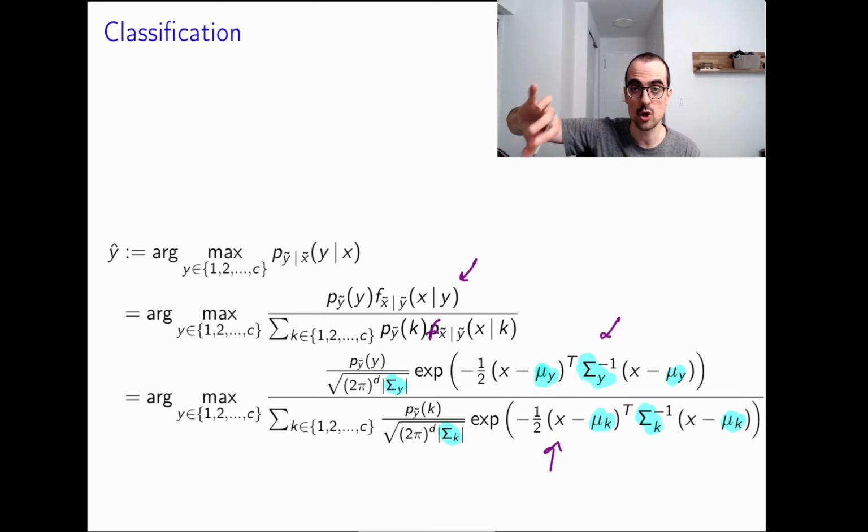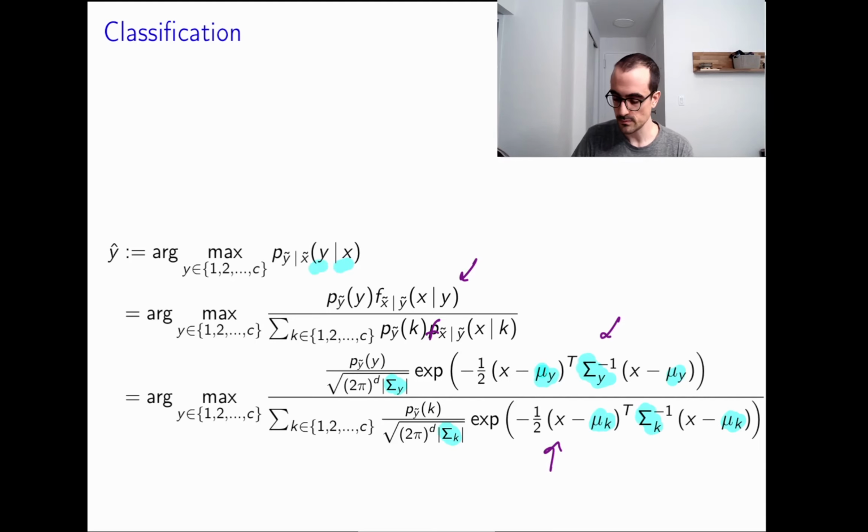So mu 1 and sigma 1 only with the training data corresponding to class 1, mu 2 and sigma 2 using only the training data points labeled class 2, and so on and so forth. Okay. Now we put it all together like this to get the probability of each class given the observed data.